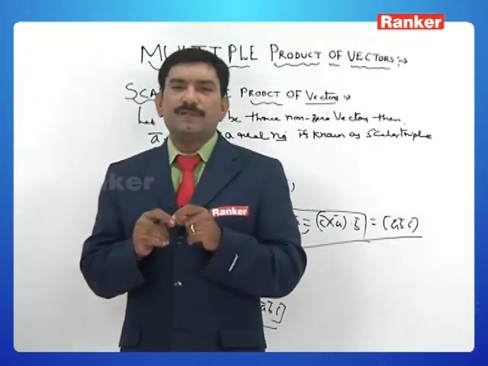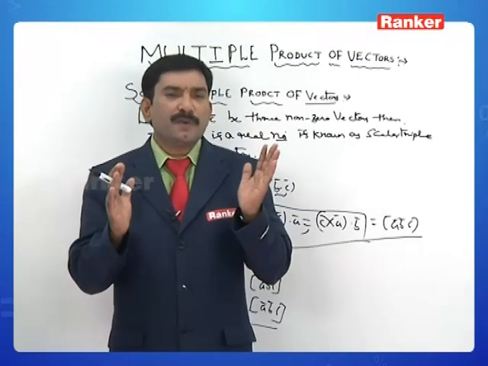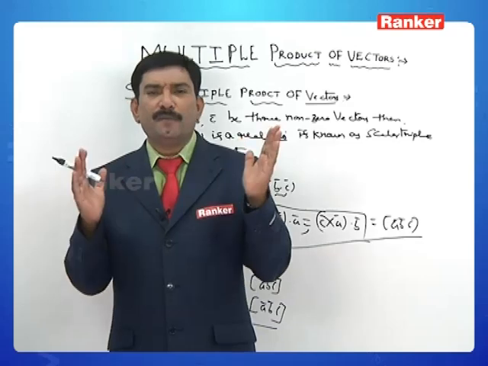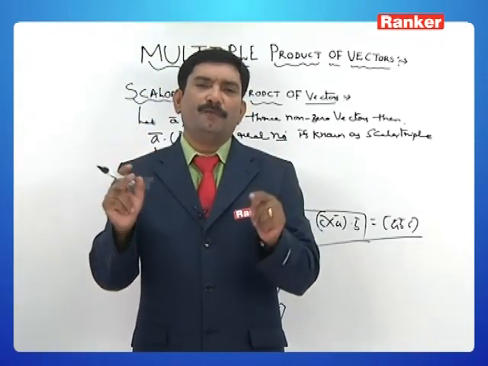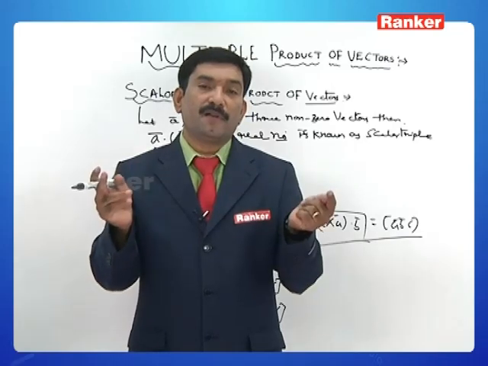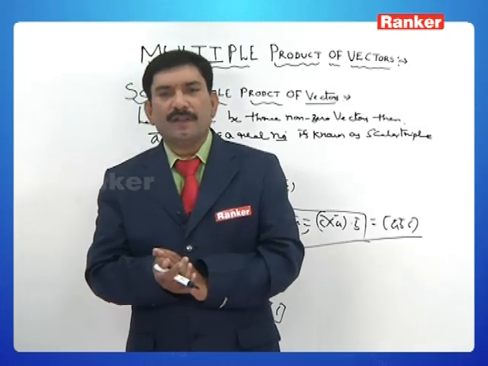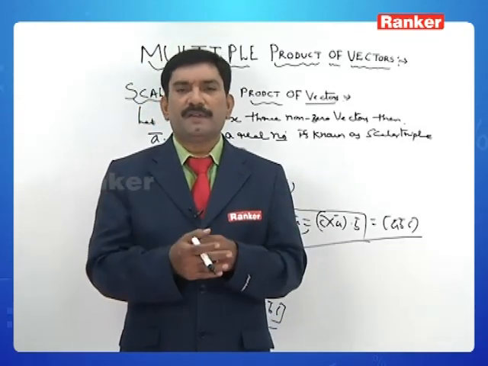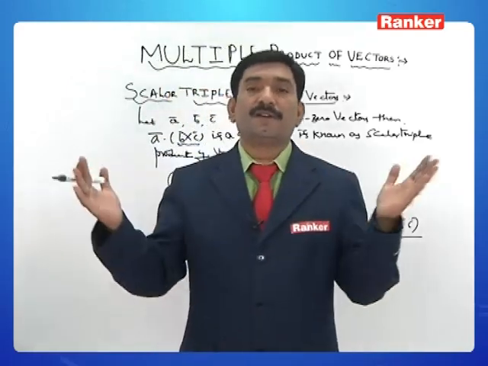Meanwhile, we have geometrically interpreted the cross product or vector product of A bar and B bar as the area of a parallelogram with adjacent sides A bar and B bar. Then we went on to find the area of the triangle formed with the vectors A bar and B bar as half into modulus of A cross B, or half into A cross B, depending upon whether it is a scalar area or a vector area.